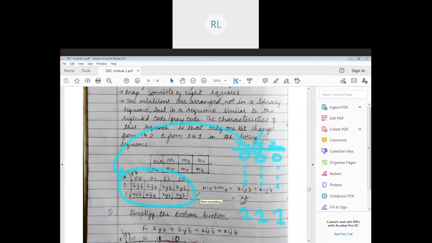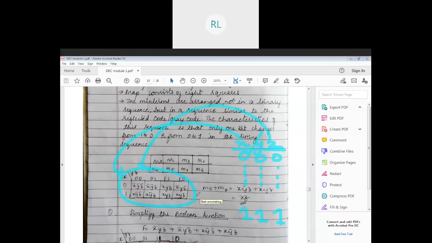The same way, I'm going to have the truth table here. The first one, I split into two. So X I'll be taking on one side, and then YZ is taken here. If I have just X here, it is 0 and 1. YZ is 2 bits.